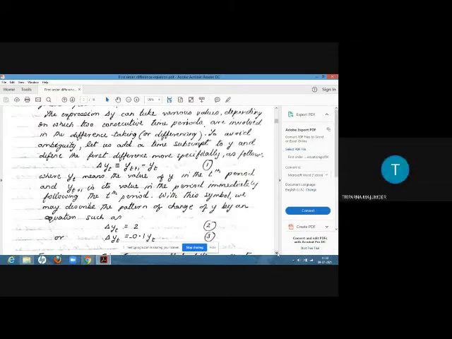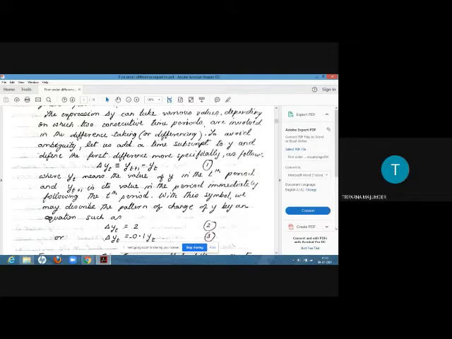Yes, ma'am. Okay. Now, the expression delta y can take various values depending on which two consecutive time periods we are considering in difference taking or differencing.